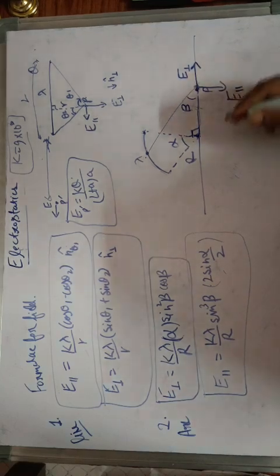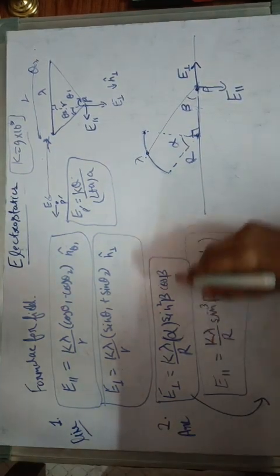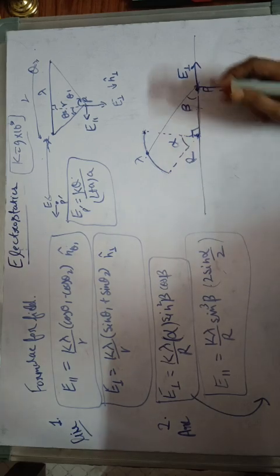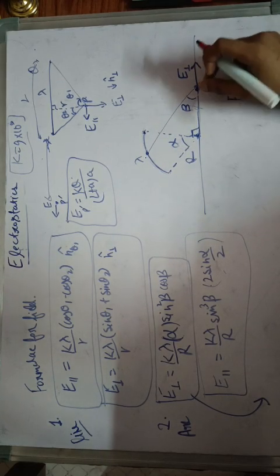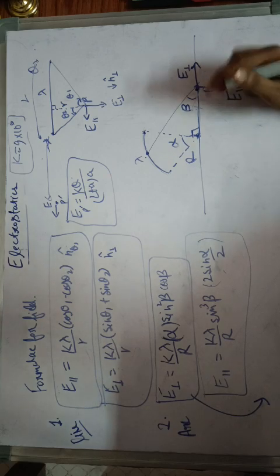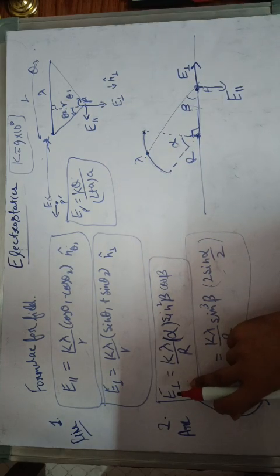And now for this E perpendicular, we know that if the point P is variable, we want to find the point P where the value of E perpendicular is max.